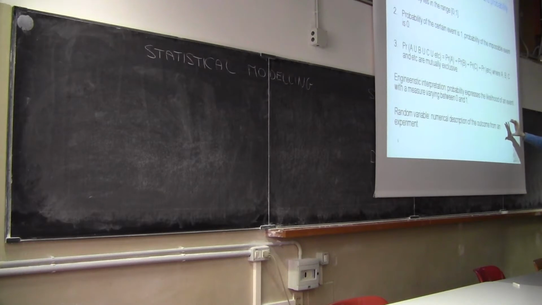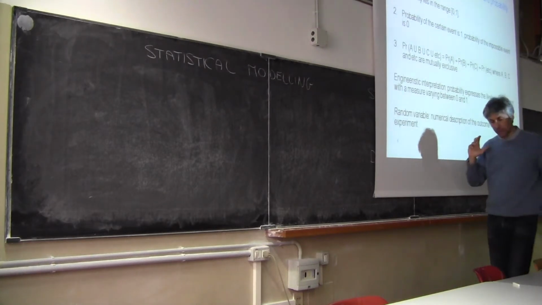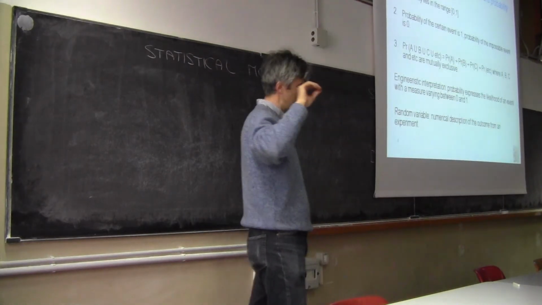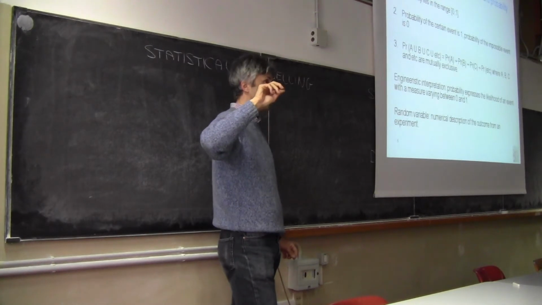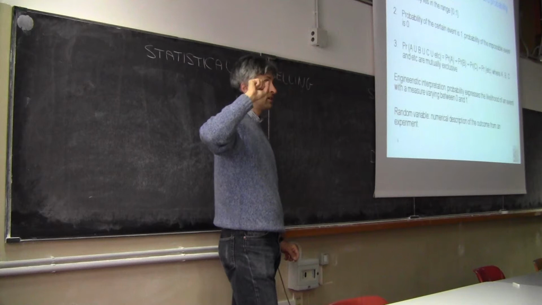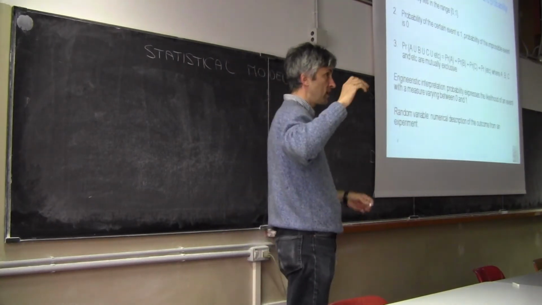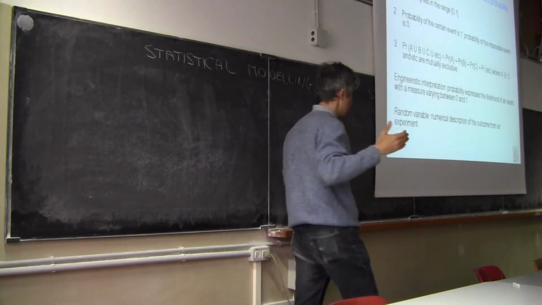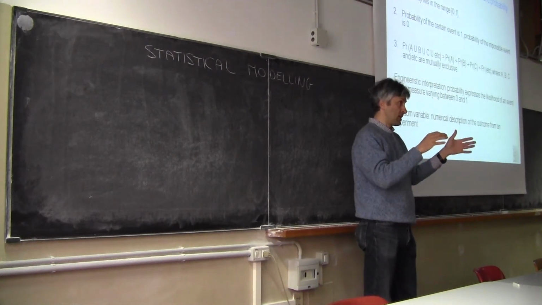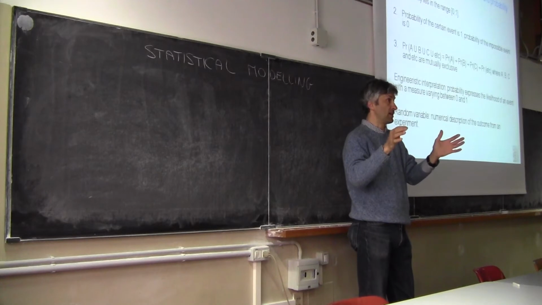Now, let me define the random variable, which is very important because we deal with numbers. So far, I also spoke about experiments, because indeed, statistics, probability, they describe the outcome from an experiment. They describe floods, droughts. In order to make analytically tractable these events, we need to make an association between the outcome of the experiment and the real numbers.